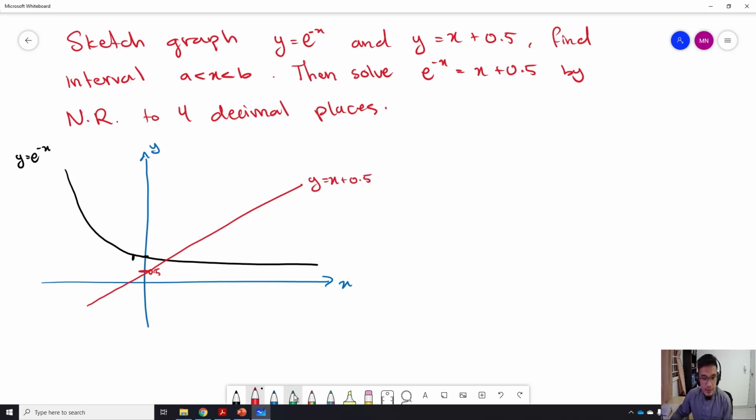From these two graphs, we look at the intersection. This is the point of intersection. The point of intersection indicates the value of the root of the equation. From the graph we already know this is the origin, so this is 0.